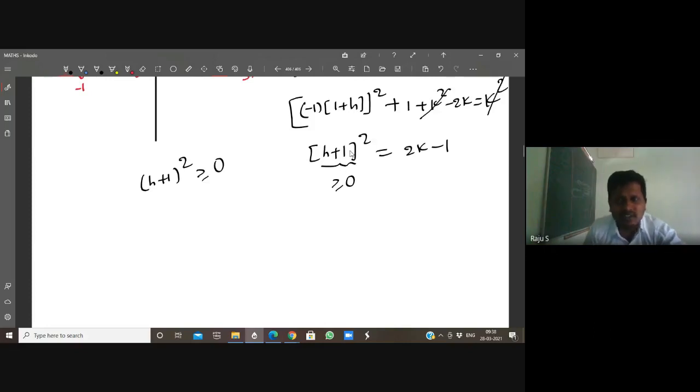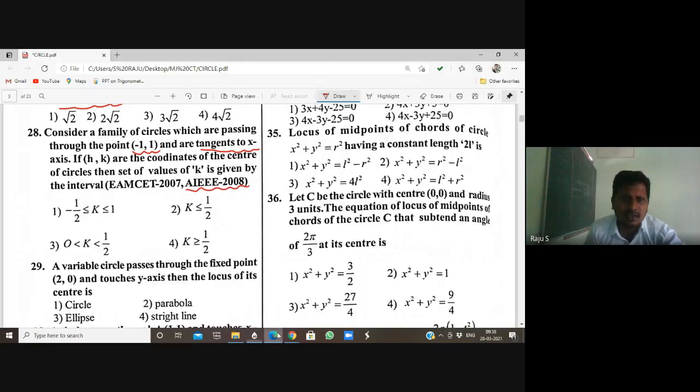So whenever the left side is greater than or equal to 0, the right side 2k minus 1 also must be greater than or equal to 0, right? So here k is greater than or equal to 1 by 2. If they are asking the k value, k is greater than or equal to 1 by 2.